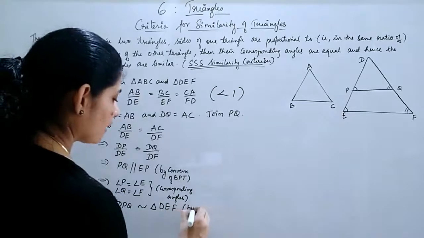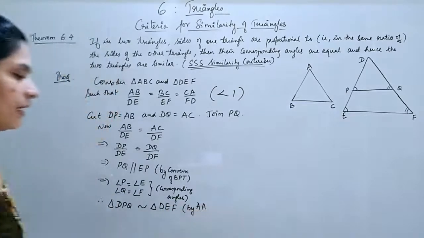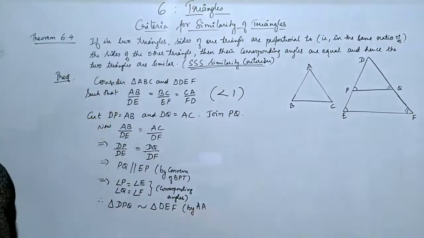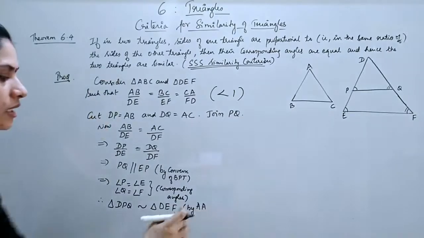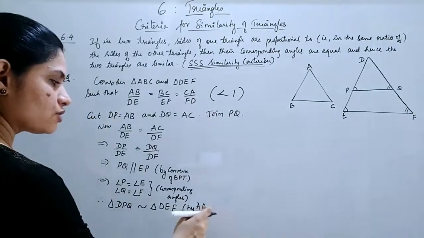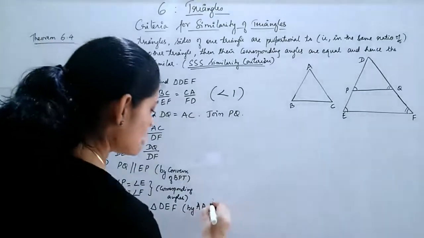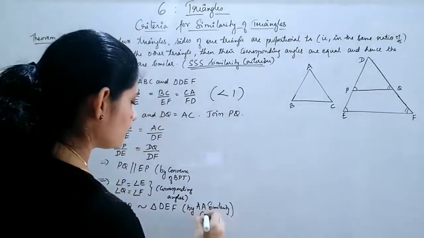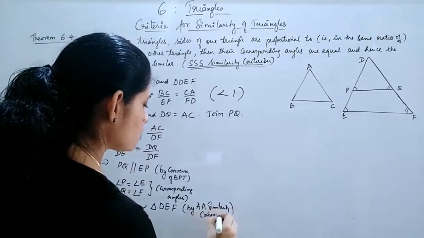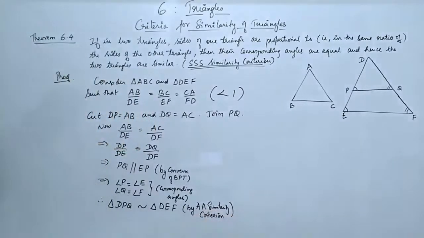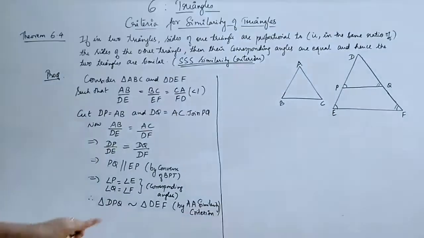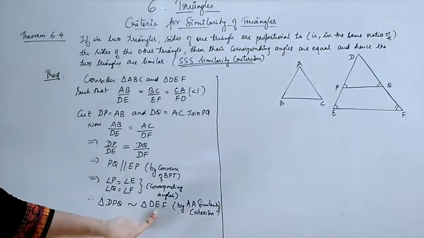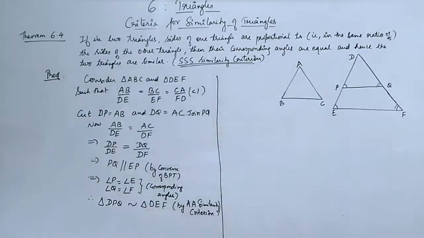By AA. If two angles are equal, then the third will also be equal. So we are just using the two angles concept, that is, by AA similarity criterion you are getting the two triangles to be similar. Okay, so since these two are similar, their corresponding sides will be proportional.